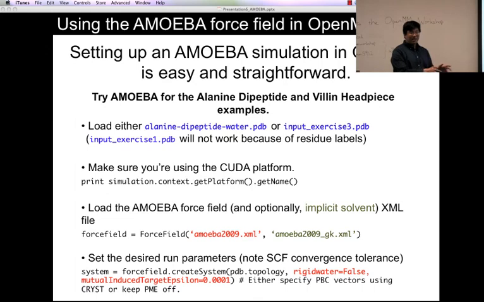But at the end of the day, because you're using a polarizable force field, you will know that the molecules inside your simulation are going to react properly to being in different environments, which may or may not be important for your scientific application.